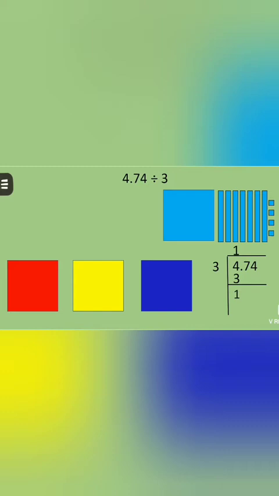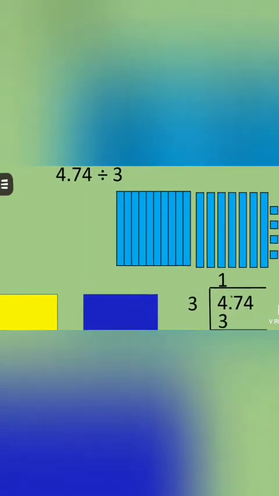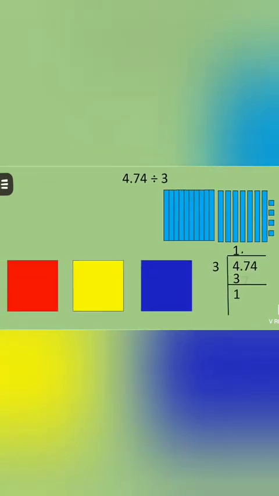1 unit is left out, so regroup it to its next lower place value, that is 10. So 1 unit is equal to 10 tenths. Now we have 10 plus 7, that is equal to 17 tenths. Equal sharing of 17 into 3 groups, we get 5 for each and 2 left as balance.